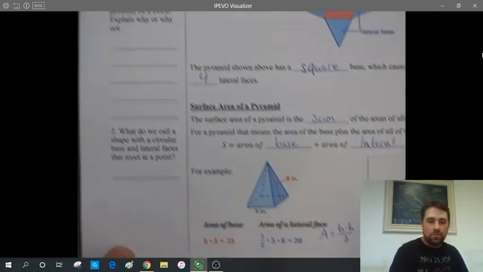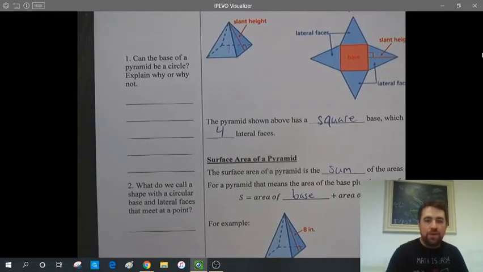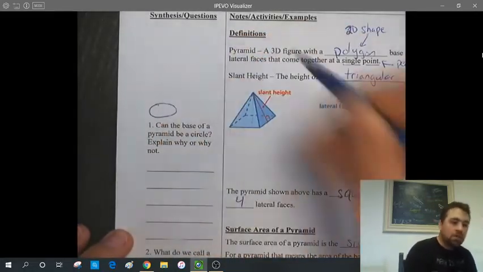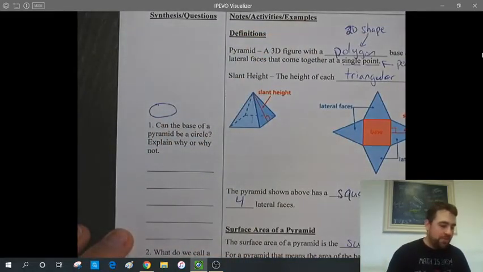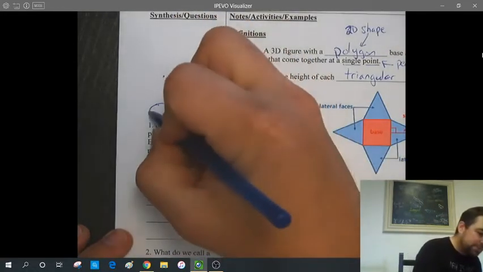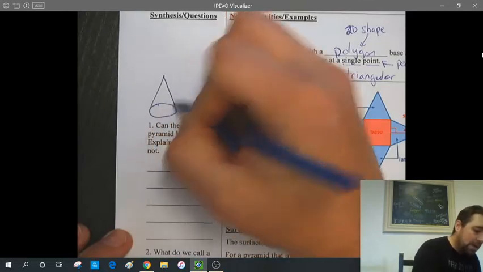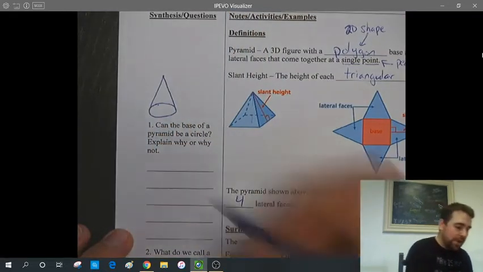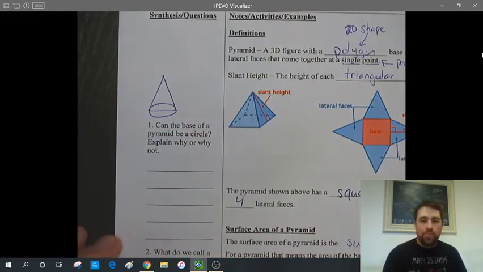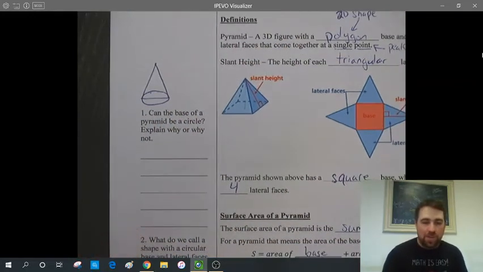Okay, column question over here. Can the base of a pyramid be a circle? Explain why or why not. So if we think about it, if we had a base that was a circle, and then I tried to have a central point for those all to come to, so I could have a triangle across here like this, but once again, we need it to be a polygon, right?